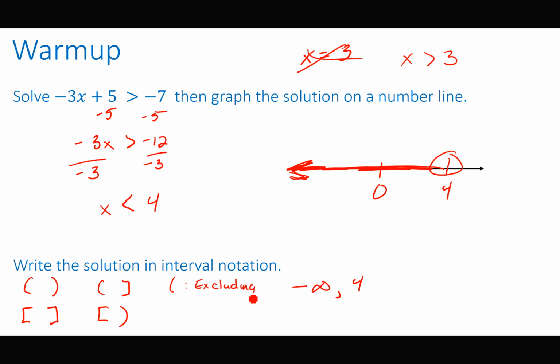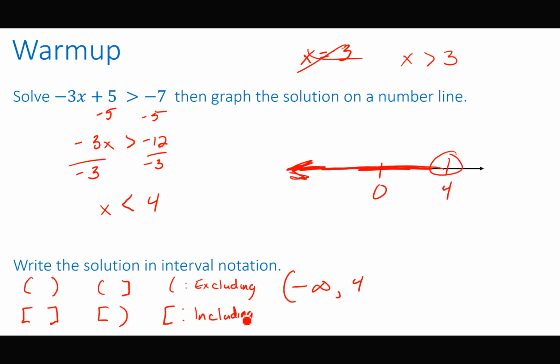Let's read it as excluding. Okay? We can never include infinity because we can never reach infinity. So if you ever have an infinity or a negative infinity, we're not going to include it because we can never reach that. If we have a bracket, that means including.